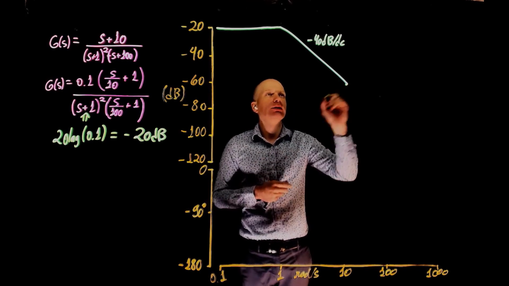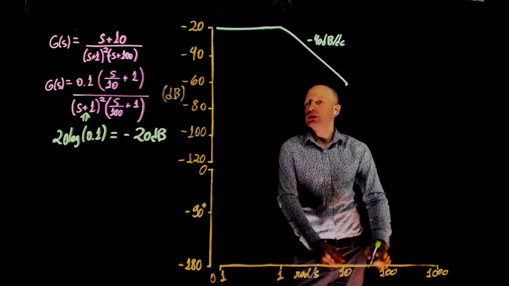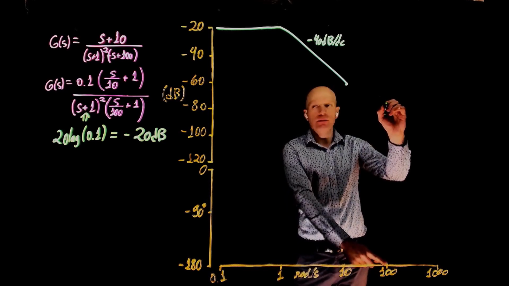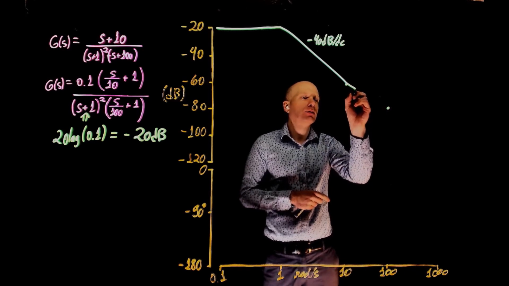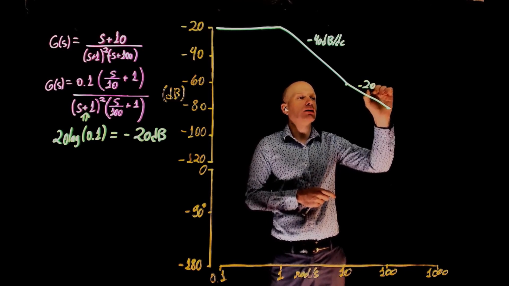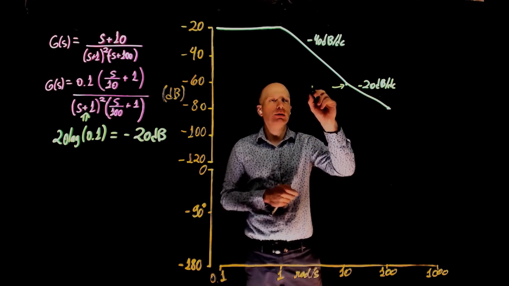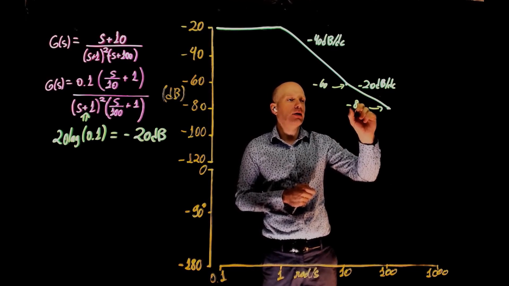So we are here at negative 60 dB. If you go from 10 to 100, that is a factor of 10 in the frequency, the Bode plot goes down by 20 dB. So now the slope becomes negative 20 decibels per decade. Here we were at negative 60, so here we are now at negative 80 decibels.